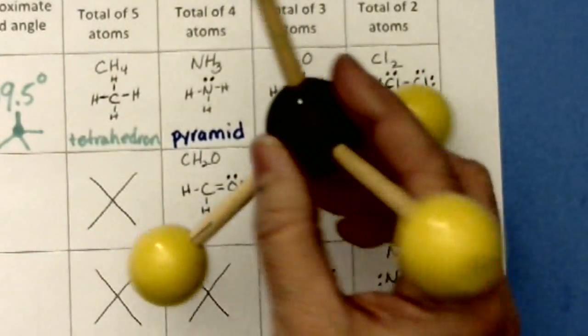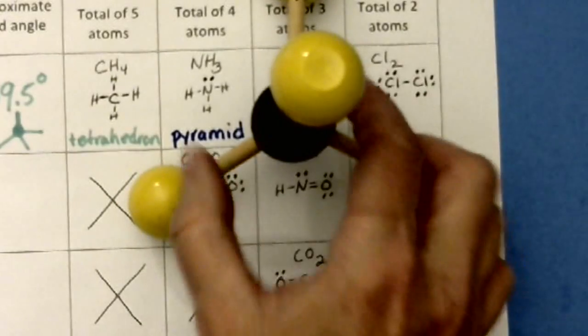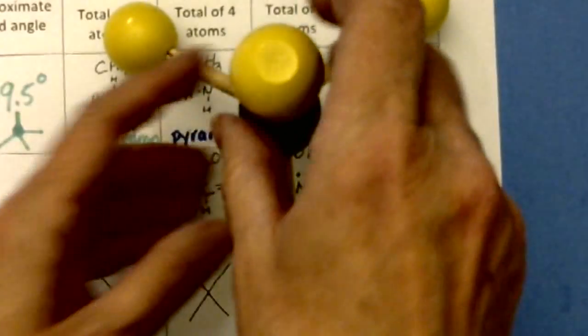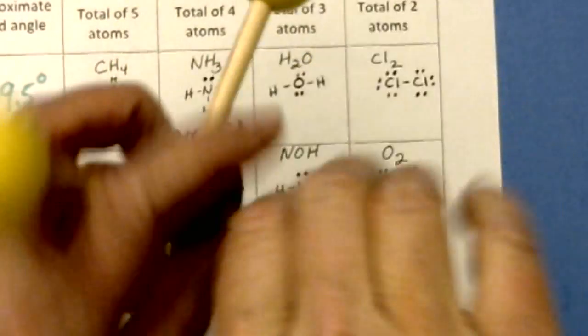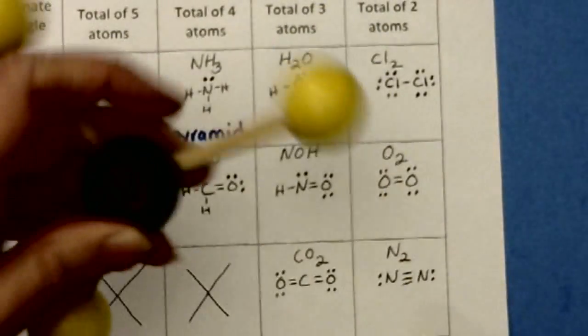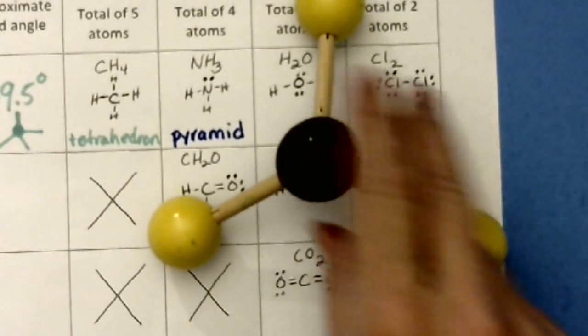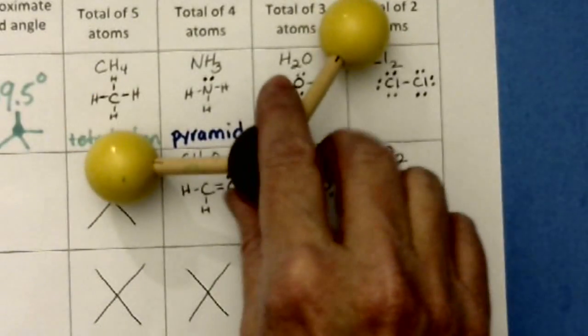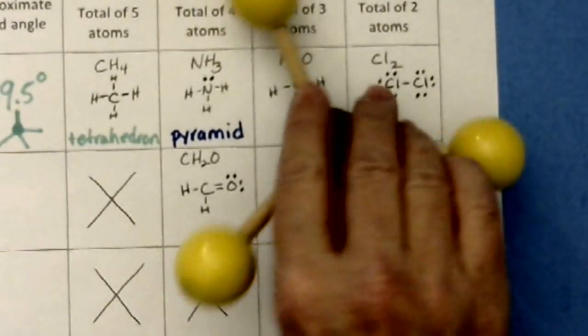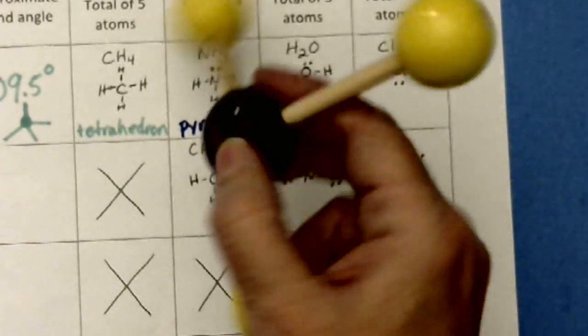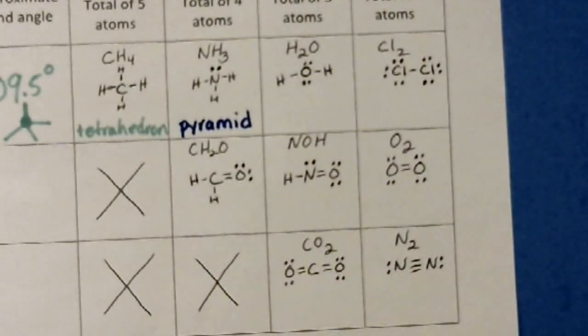Okay, so I have 5 atoms altogether and 4 groups of electrons. And what happens when I lose one of them? Well, let's take off the top. Now I just have a pyramid. Okay, pyramid shape. Notice it is not flat. It is not sitting down level. Okay, it's a pyramid.